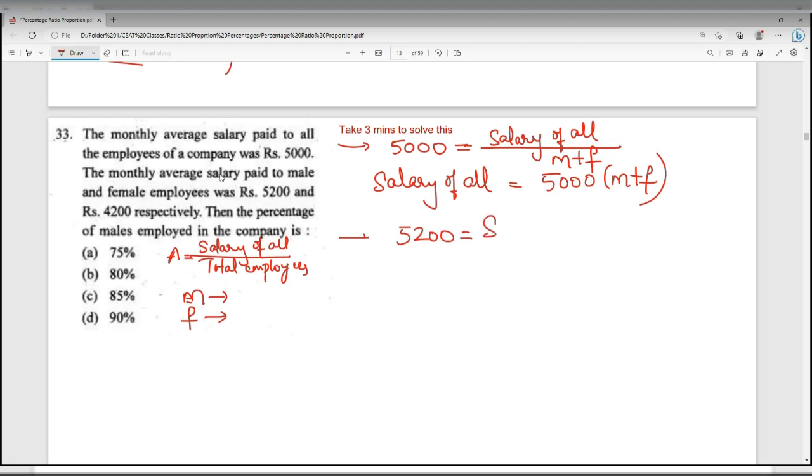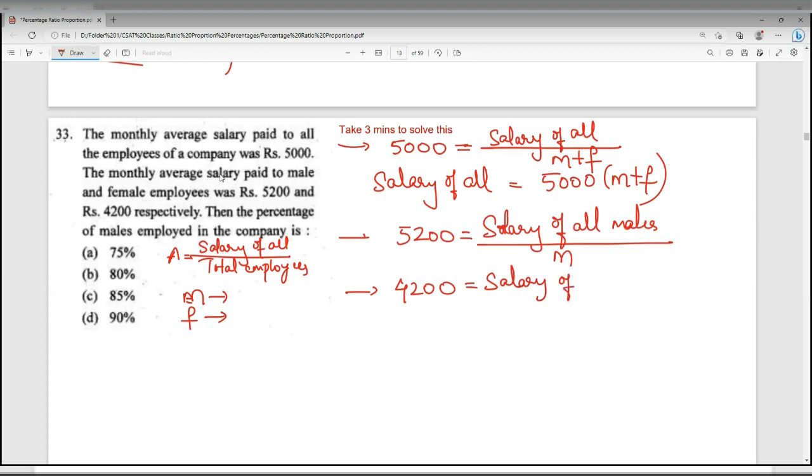So on the numerator we have the salary of all males divided by the total male employees, that is M. And then we have 4,200, that is equal to the salary of all female employees divided by the total number of female employees, that is F.